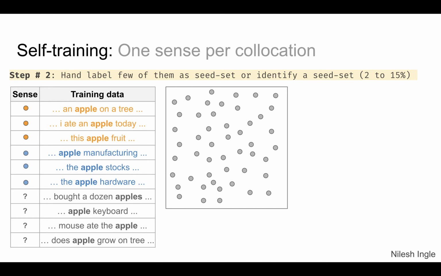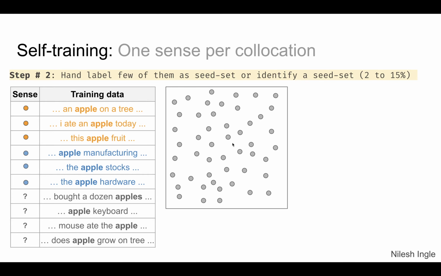This could be, according to the paper, 2 to 15%. And here I've labeled the top 3 as the fruit apple and the second 3 in blue as the machinery apple, and then you have the rest as unlabeled sentences.